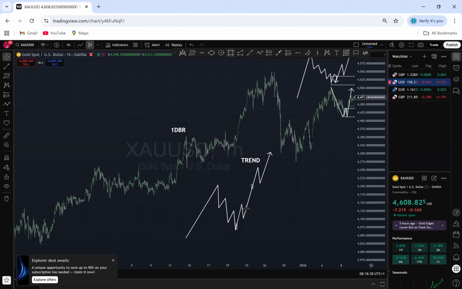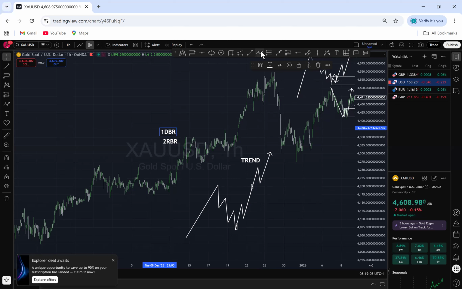The next one we have here is a rally, and then a base, and then a rally, right? So that would be number two. So number two is a rally-base-rally. So these are the two types of demand zones we have.